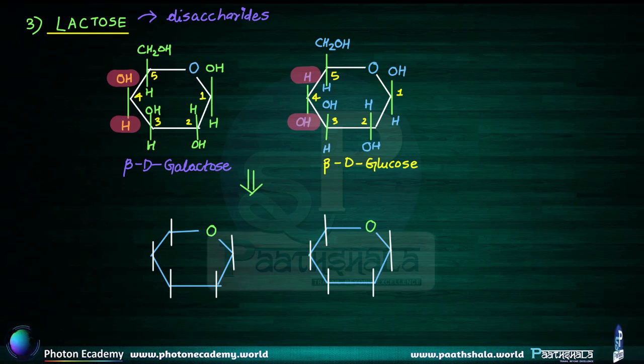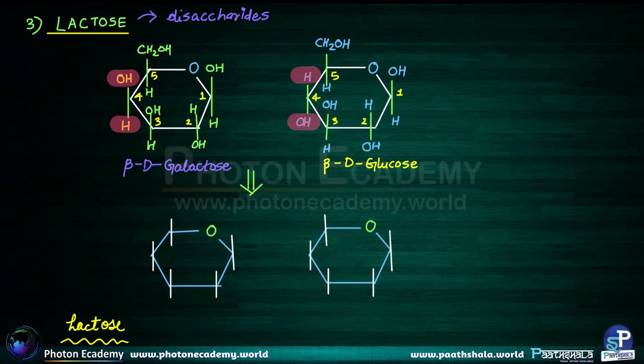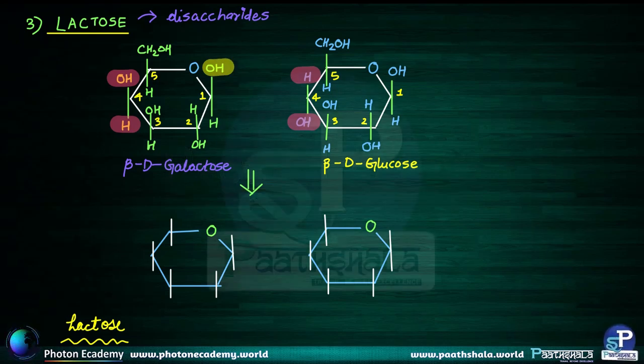Now moving on to how we are going to form lactose when we combine both of them. We'll be taking the C1 and the C4 carbon of both of them, and now which atoms will be lost? The OH from C1 of beta D galactose and the H from C4 of beta D glucose.